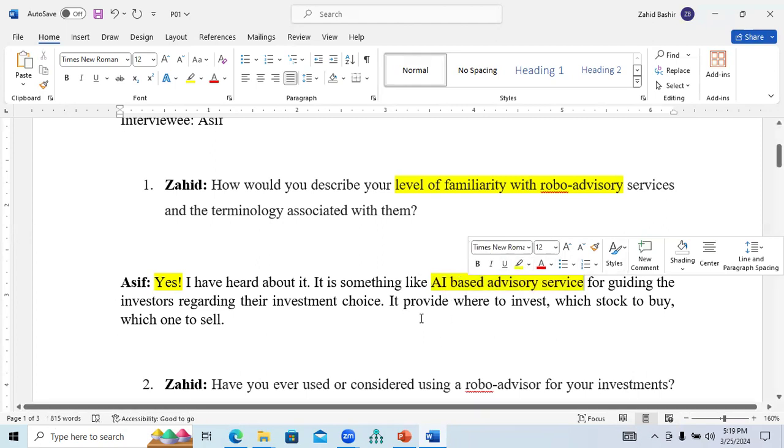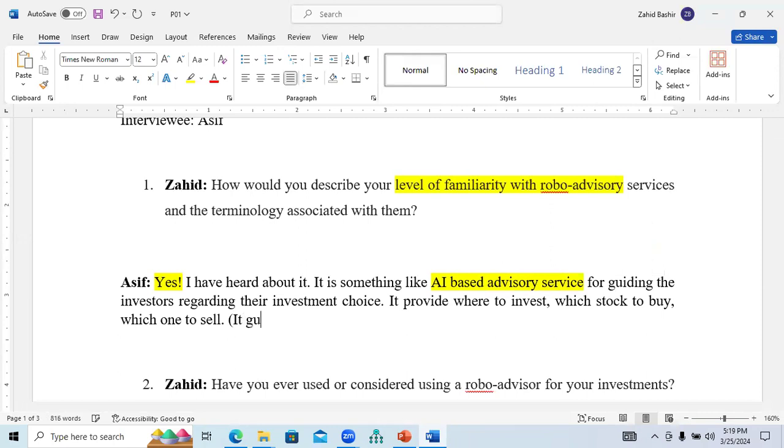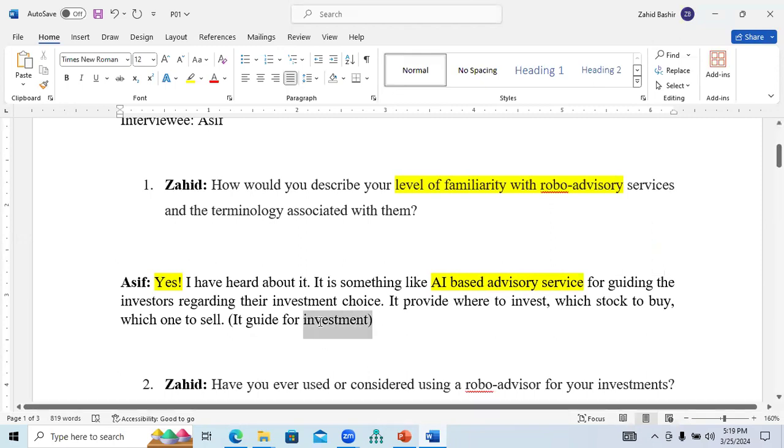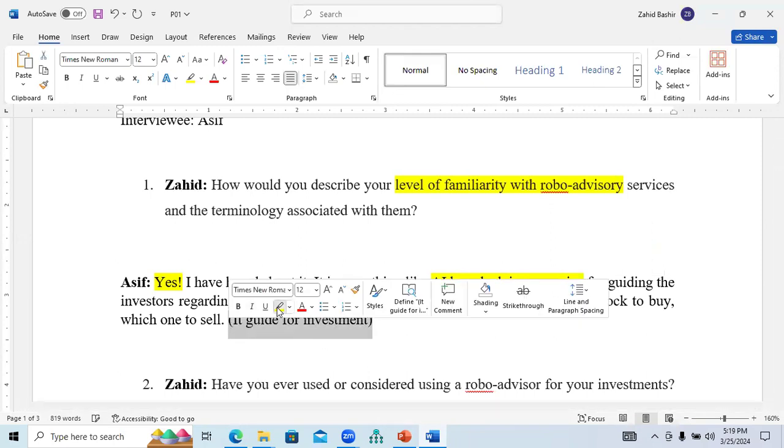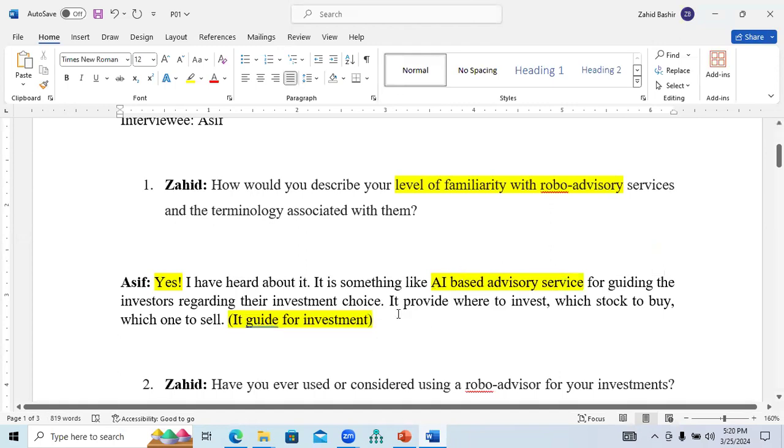He said that it is an AI-based advisory service for guiding the investor regarding their investment choice. It provides where to invest, which stocks to buy, and which to sell. So we can consider that he wants to say that it guides investment. This is another thing that we can conclude from his answer. So these are called the initial quotes that you can generate from the discussion.